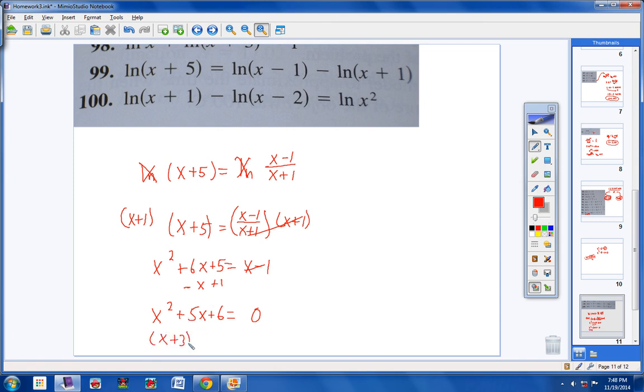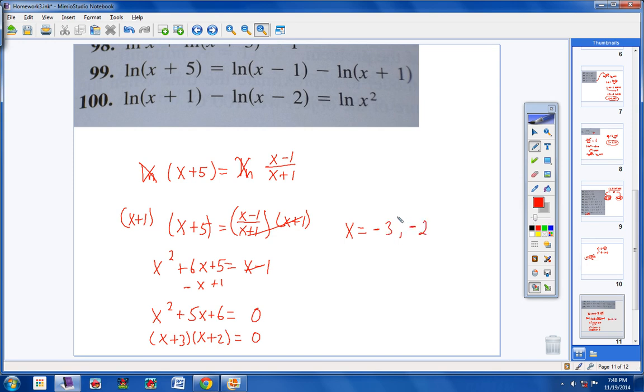X plus 3, x plus 2. So take each group and set each group equal to 0. And x equals negative 3 and negative 2.